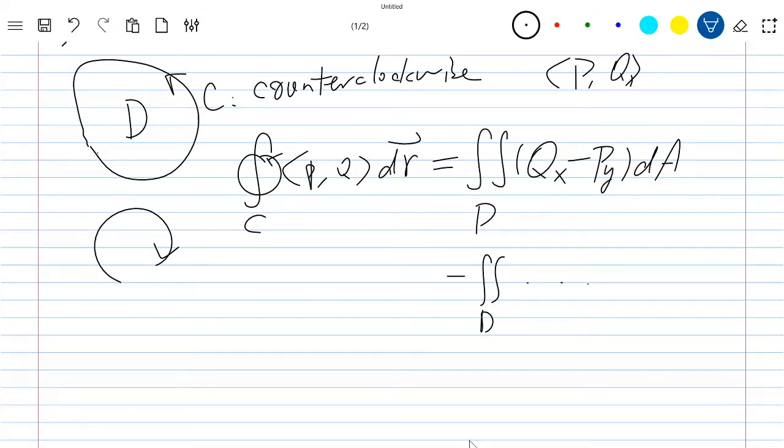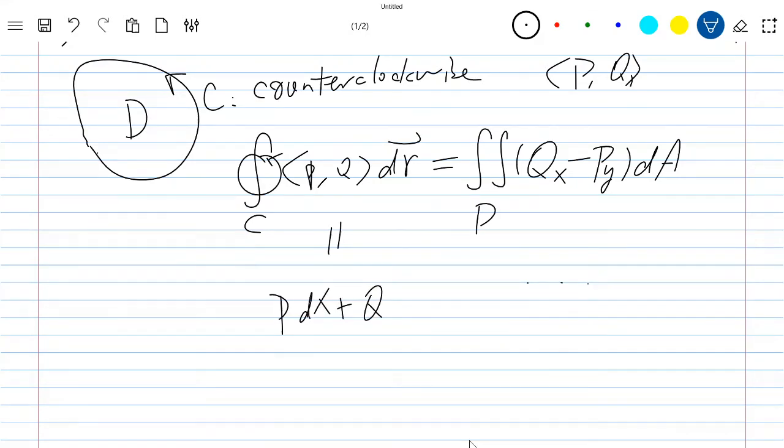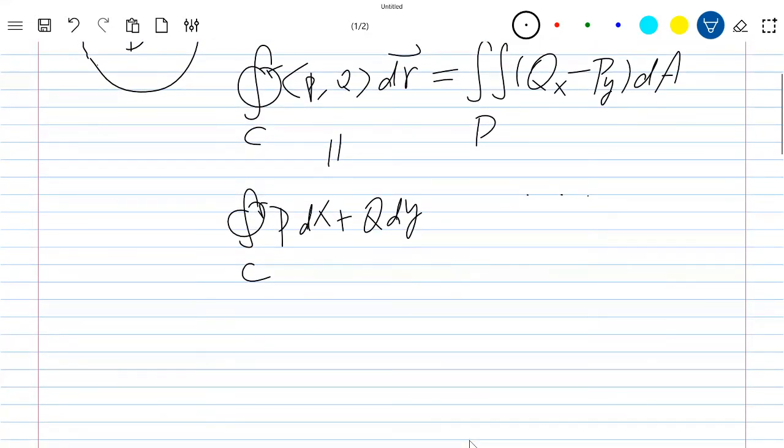Let me just erase this part so we don't need it. Let's write on the left-hand side P dx plus Q dy. And if you compare both sides, you will see there are P parts and Q parts. So they are actually two independent theorems.